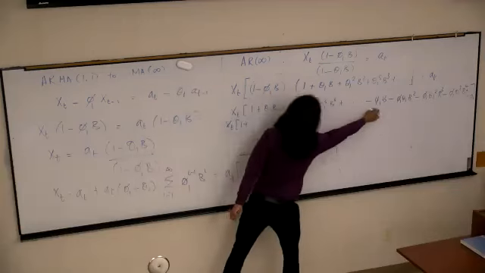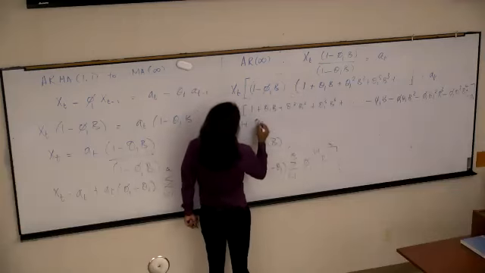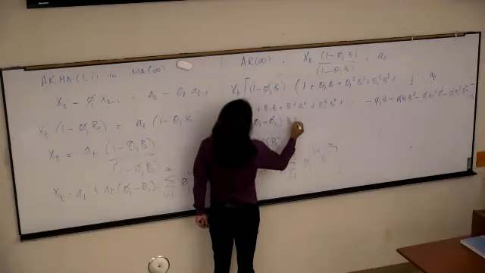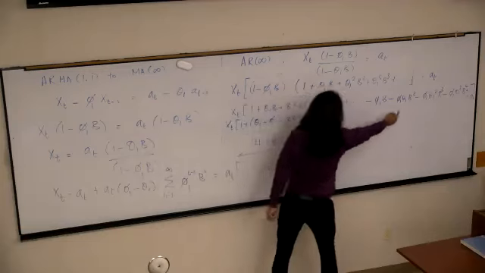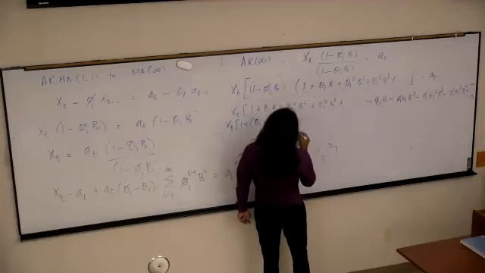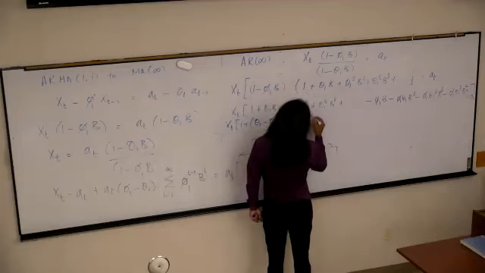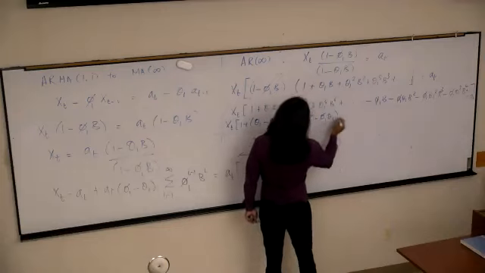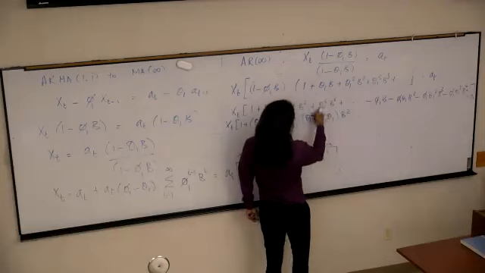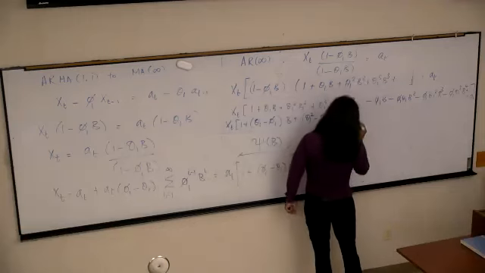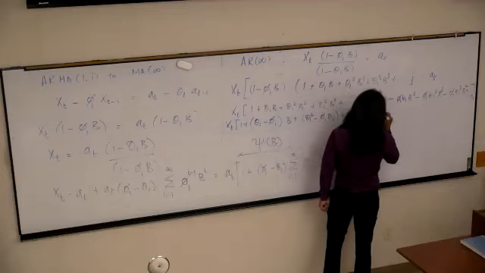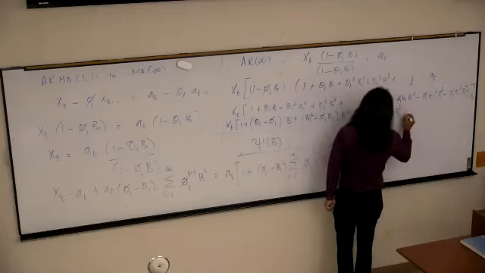Combine this with that: theta1 minus phi1 B. Combine this with that: theta1 squared minus phi1 theta1 B squared. Combine this with that: theta1 cubed minus phi1 theta1 squared B cubed.